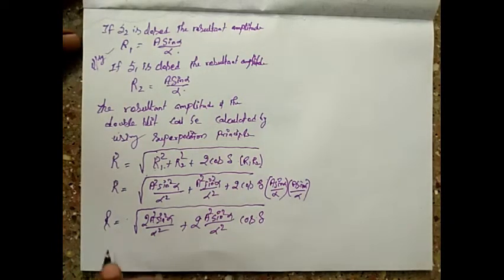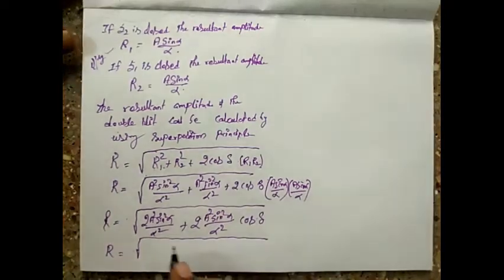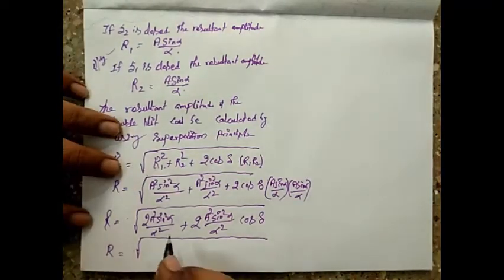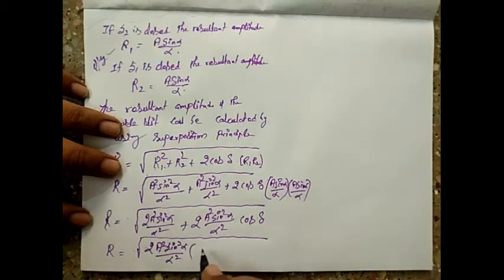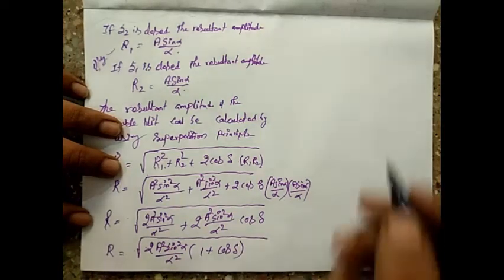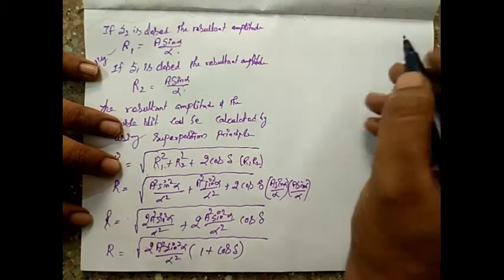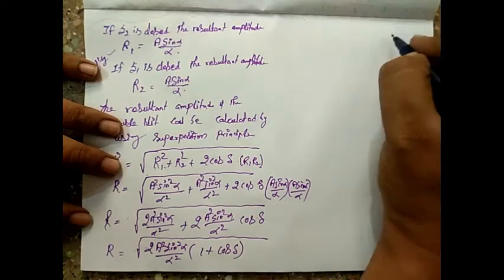So R can be written as root of 2A square sin square alpha by alpha square into 1 plus cos delta. So let us consider the trigonometry equation.